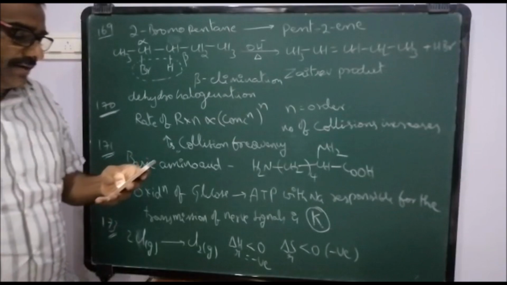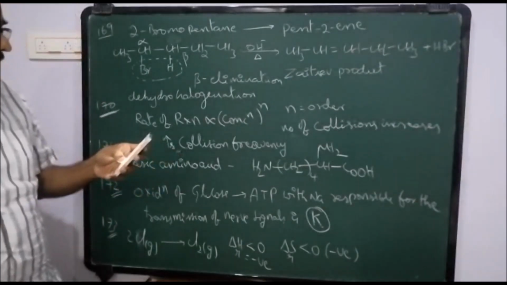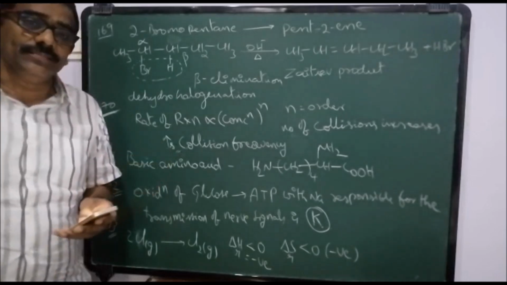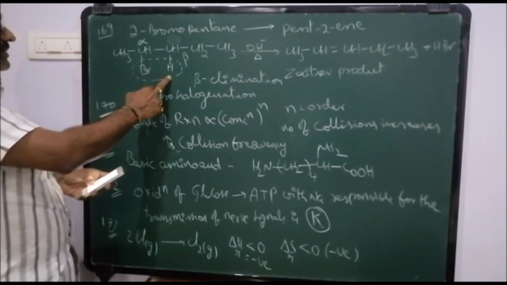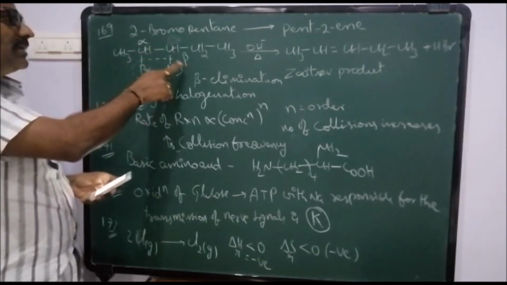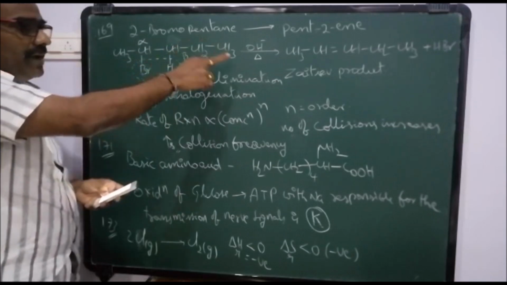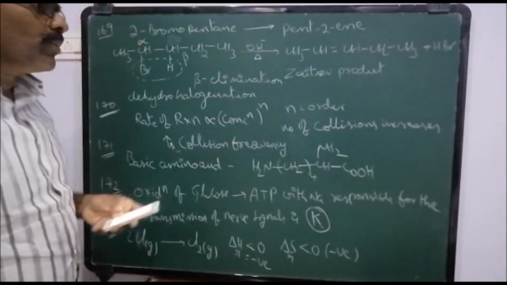Question number 169. Elimination reaction of 2-bromopentane to form pent-2-ene is. So it is definitely an example of beta elimination, because the bromine at the alpha carbon and preferably the hydrogen at the beta position is eliminated to form pent-2-ene as the major product.